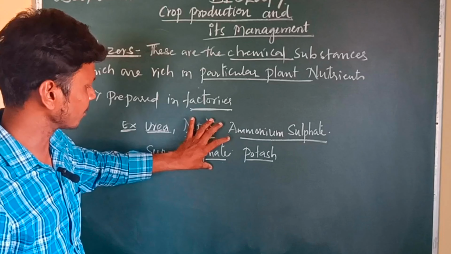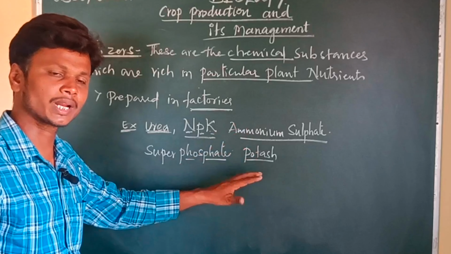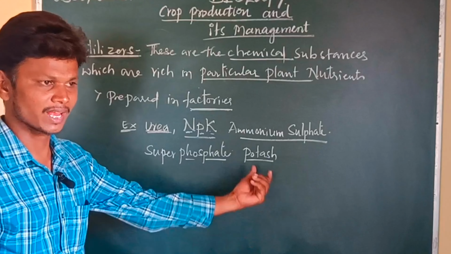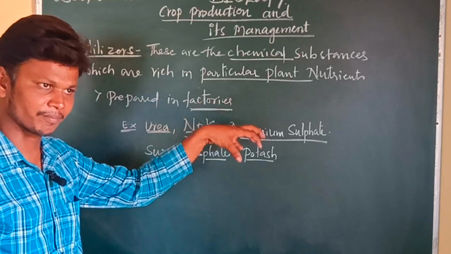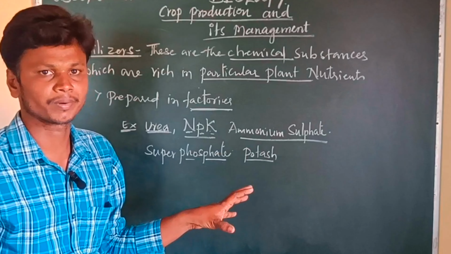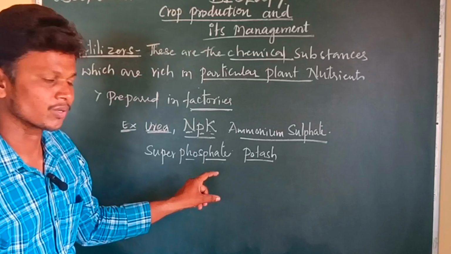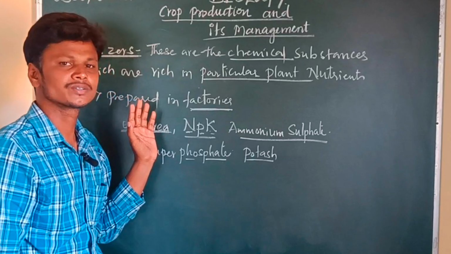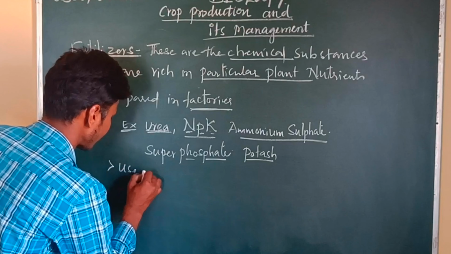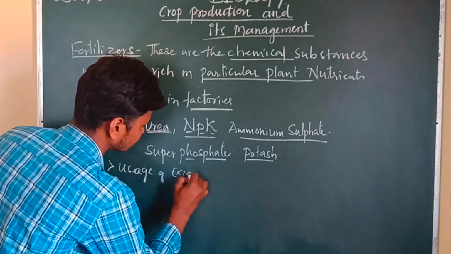So what will happen if you use this? You will get more yield compared to manure. As they are chemical and contain particular plant nutrients, you will get more crop yield. But there is a disadvantage.